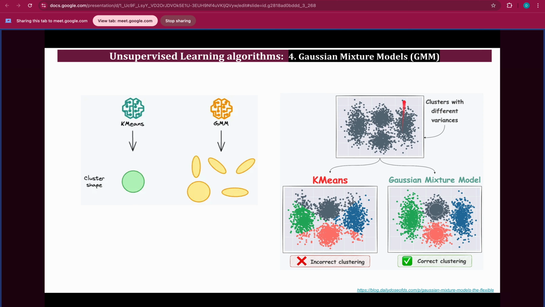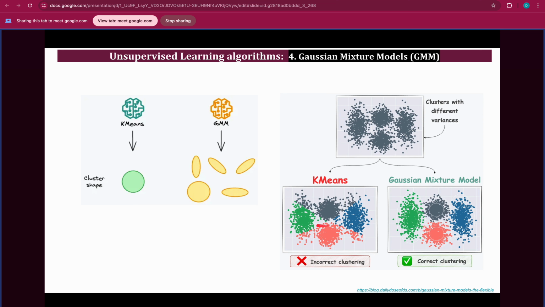So if this is a cluster with different variances, k-means clustering will try to make single circles, and after having those defined circles it will only be able to make this number of clusters. In this case there are 4 clusters, whereas the data points which are near to this blue are not considered to be clustered under these blue dots, they are under grey dots or they cannot be clustered.